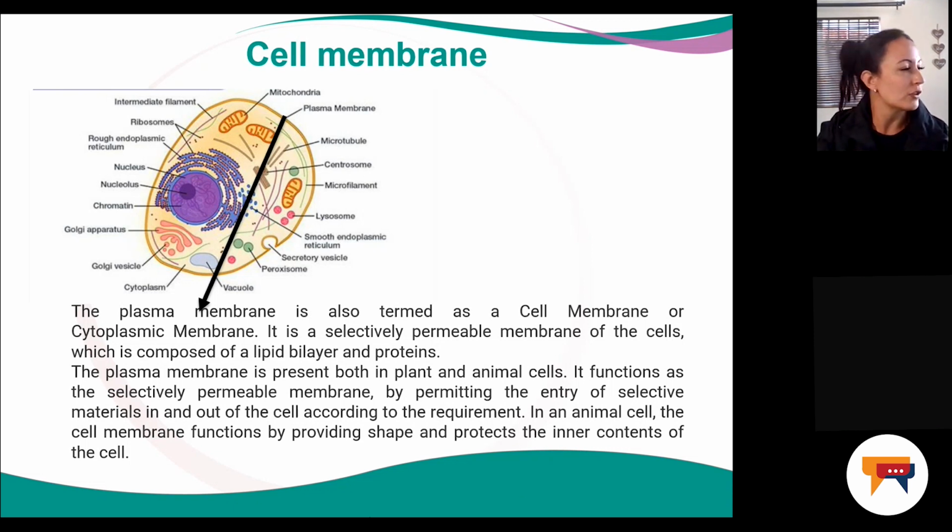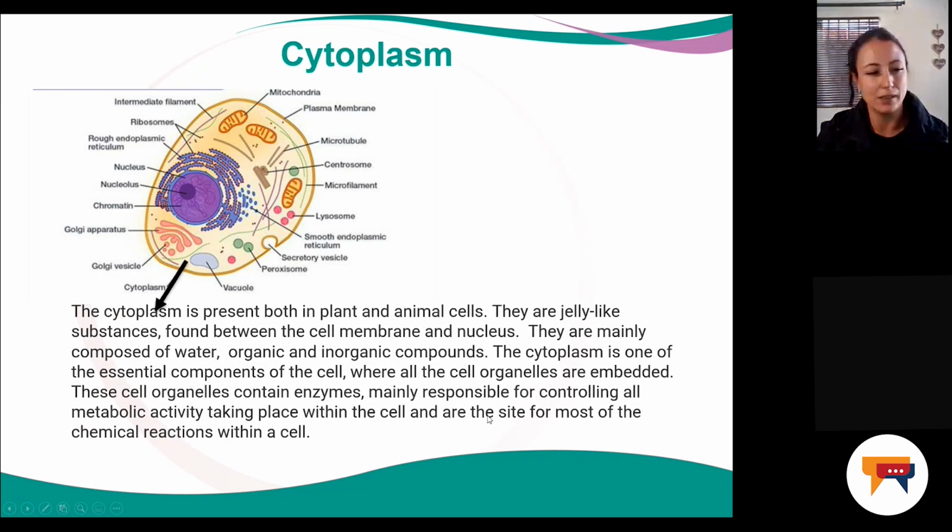Okay, let's move on to the next organelle. It's the cytoplasm. Would we see the cytoplasm itself as an organ if it was inside the human body? Not necessarily. I would say imagine the blood or the lymph inside the human body.